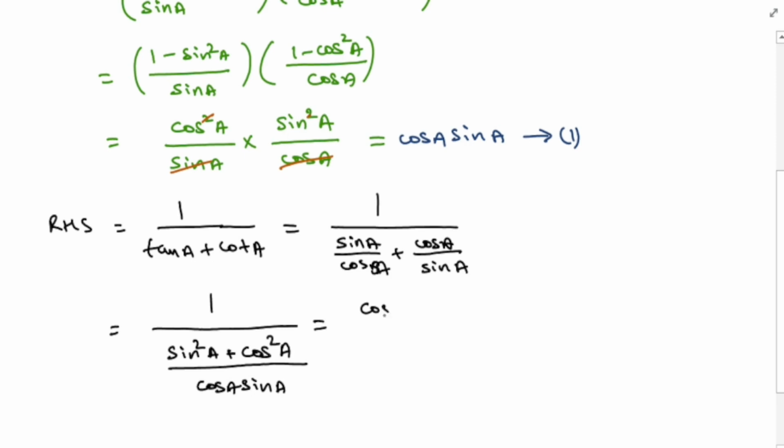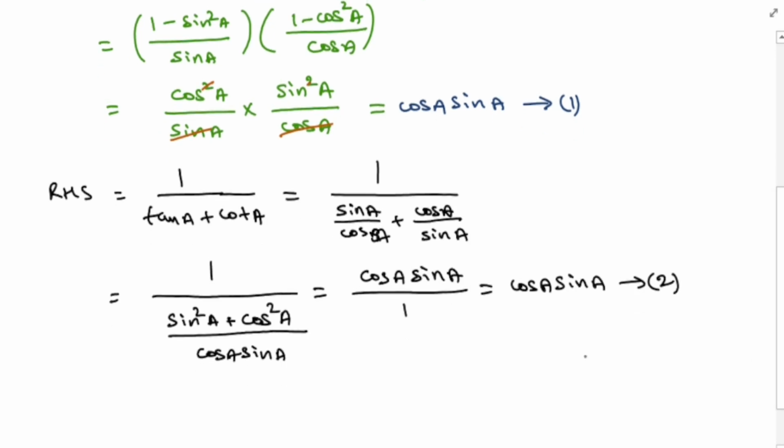So we will get cos A into sin A divided by sin square A plus cos square A, which is 1. So this equals cos A into sin A, equation 2. From equation 1 and equation 2, you can observe that both are cos A into sin A. Therefore, LHS is equal to RHS.